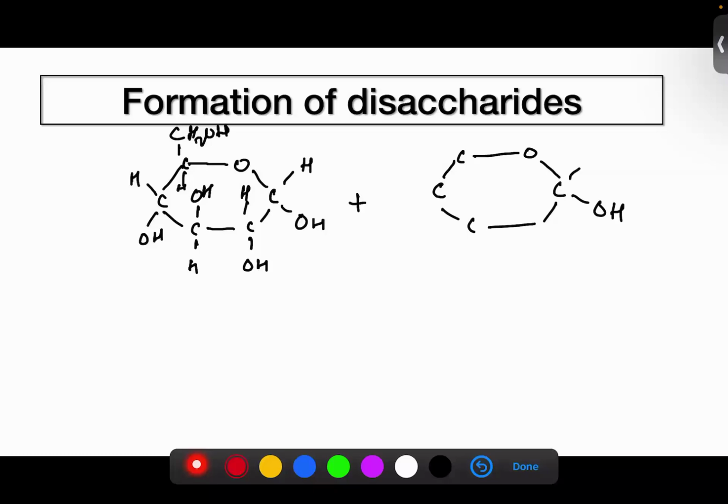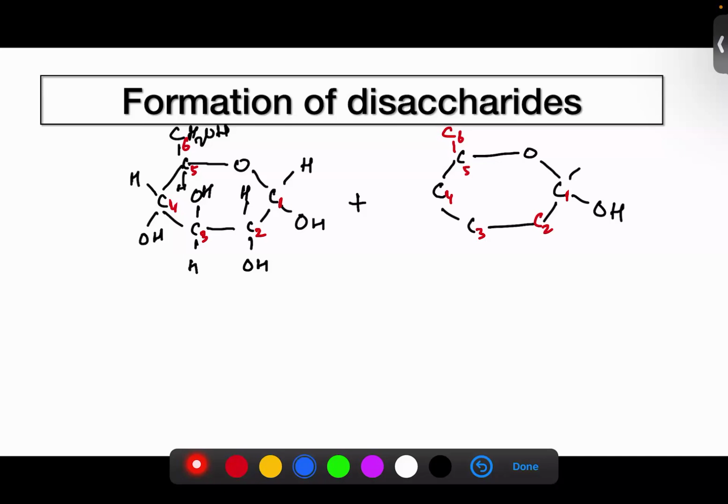If I number these carbons here, on the first molecule, this is carbon number 1, this is carbon number 2, this is carbon number 3, this is carbon number 4, this is carbon number 5, and this is carbon number 6. Similarly, this is carbon number 1, this is carbon number 2, this is carbon number 3, this is carbon number 4, this is carbon number 5, and this is carbon number 6.